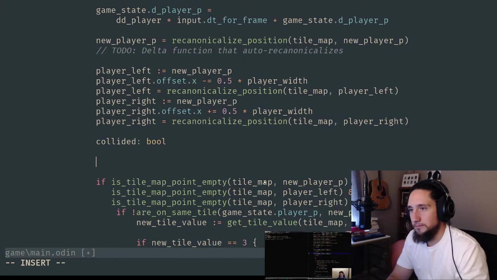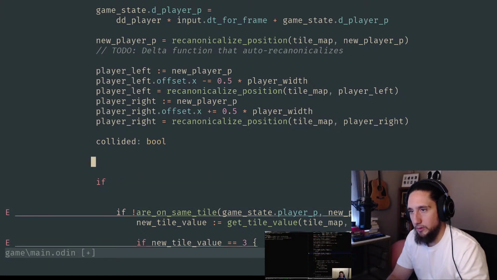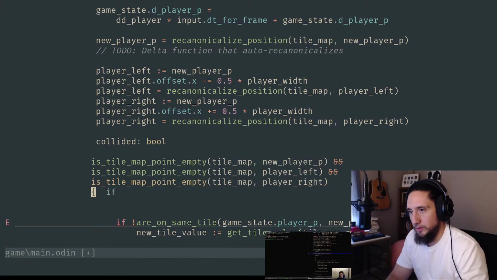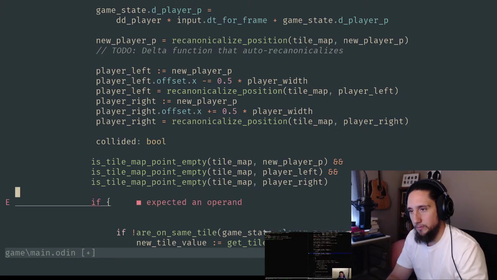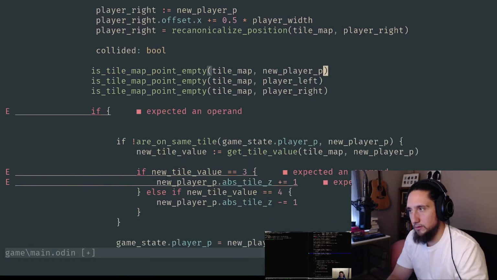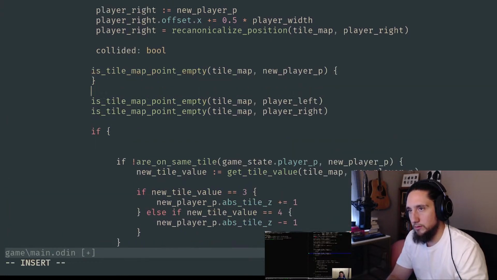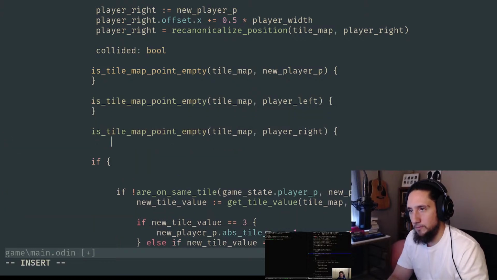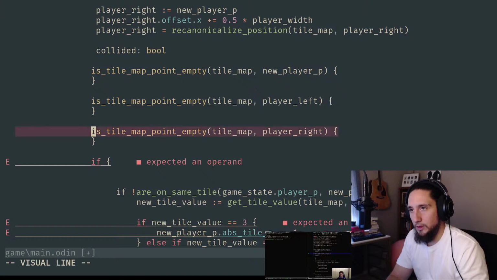So taking this out and then checking each of these individually. This is really messed up. That was a nasty yank. And, whatever.